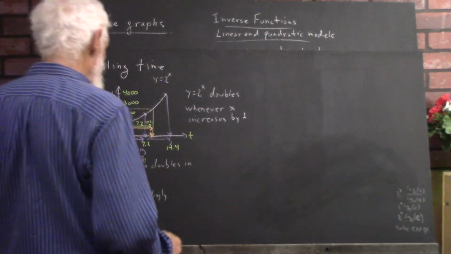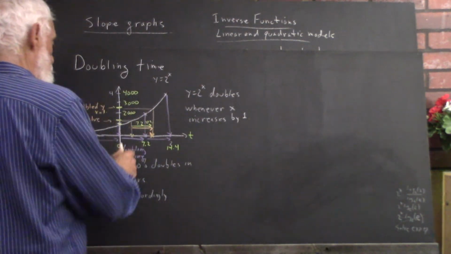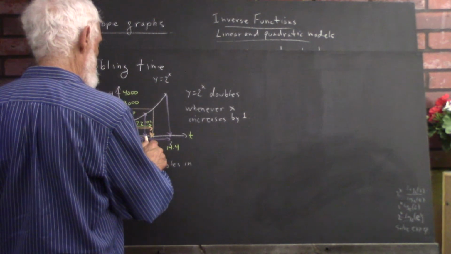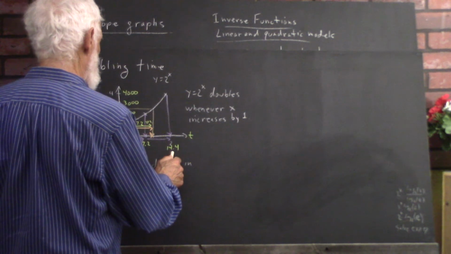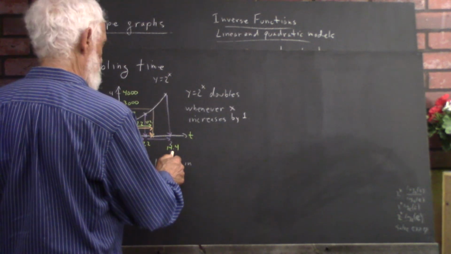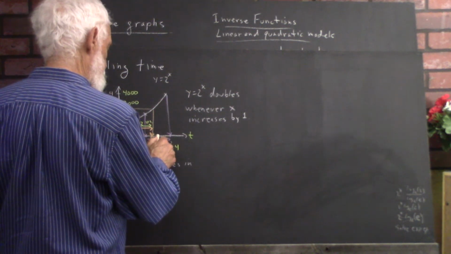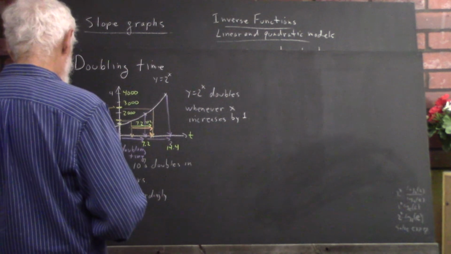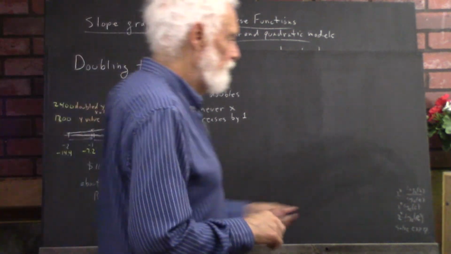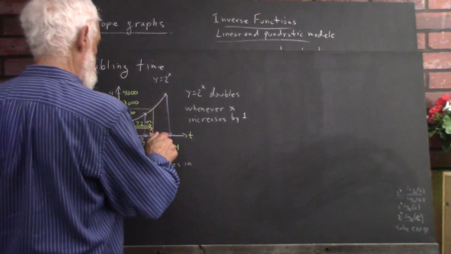Having relabeled the graph, if you want to know how much money you have at 10 years, you come over here, here's 7.2, here's 14.4, halfway between would be 10.8, that would be here, so 10 would be about here. So I'm going to make an estimate, I'll do that in red, so here's 10.